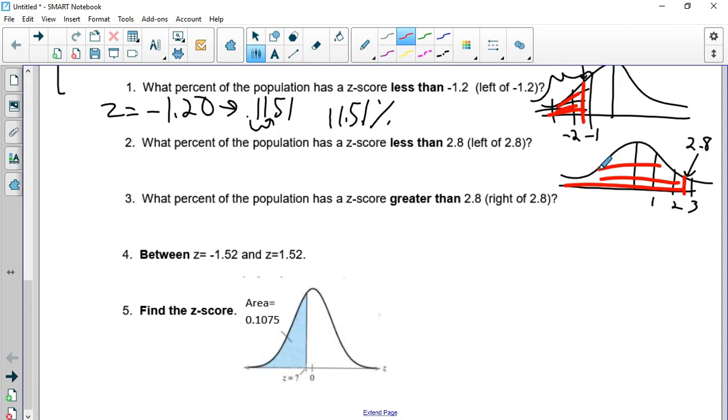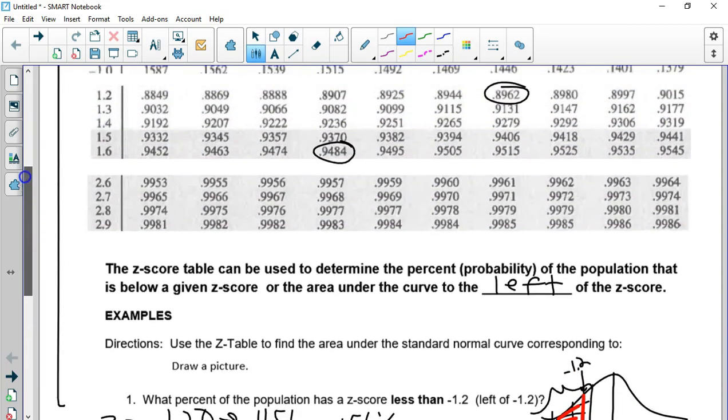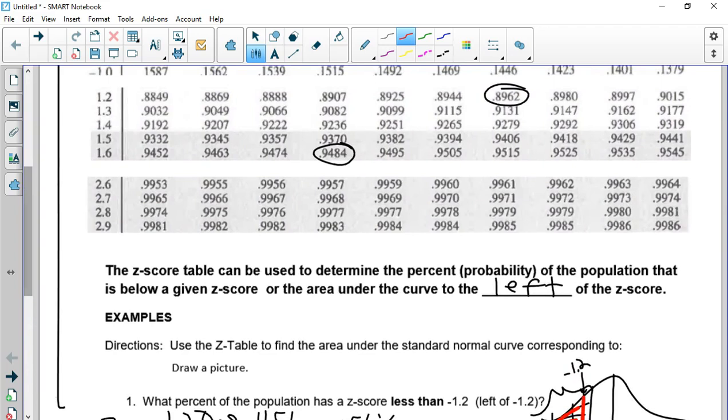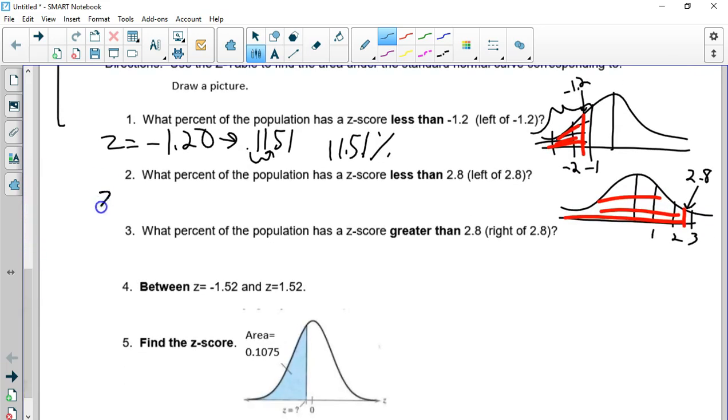So we go back to our table, and we're going to look at 2.8, which is 2.80. 0.9974. So again, we're talking about a z-score of 2.8, and that gives us 0.9974. So that's 99.74, almost 3/4%. 99.75% is less than that.